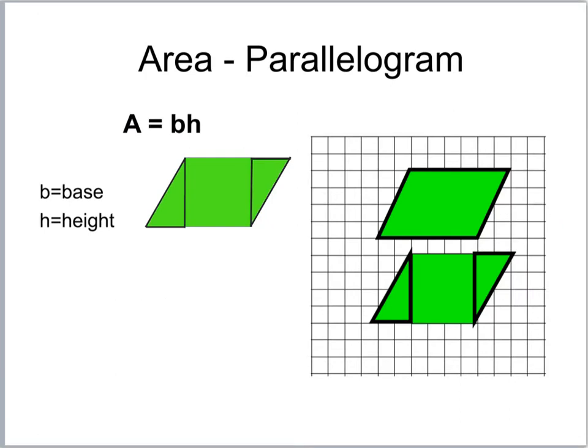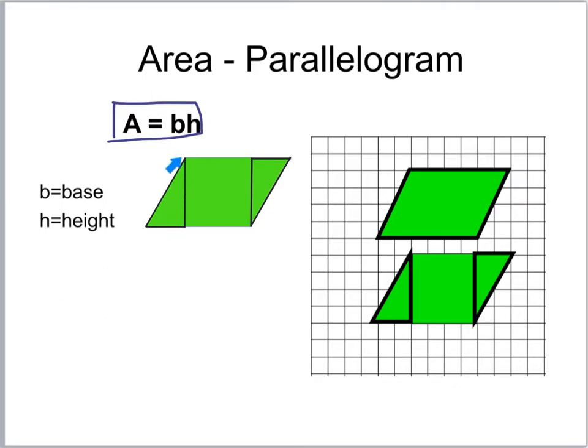All right, let's look at the area of a parallelogram. The formula to find the area of a parallelogram is area is equal to base times height, which is the same as a rectangle. So why would it be the same as a rectangle? Well, I'll show you how. Let's take our parallelogram and transform it into a rectangle. What I've done is cut my parallelogram into 3 sections.